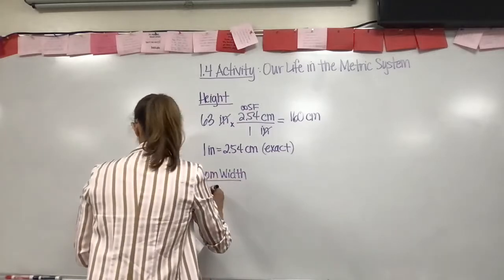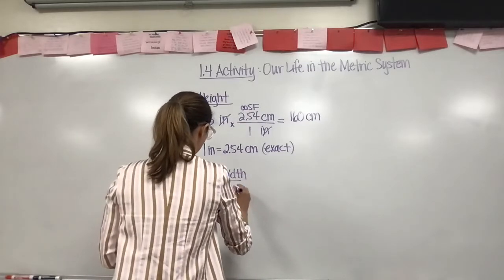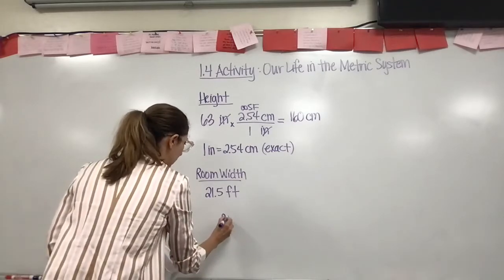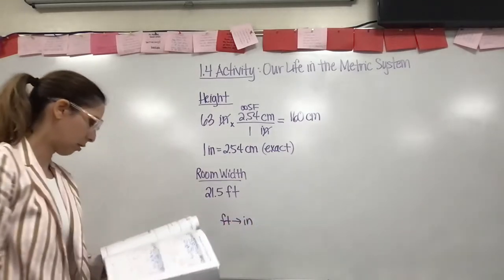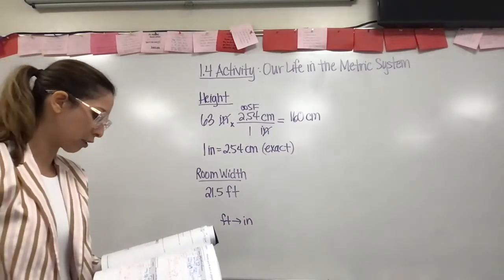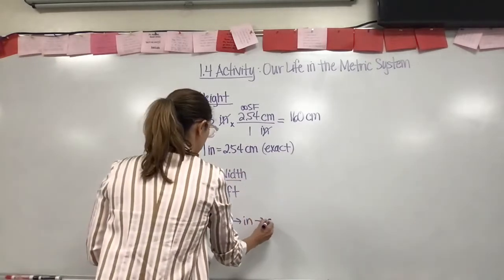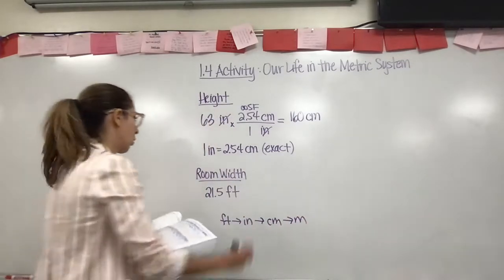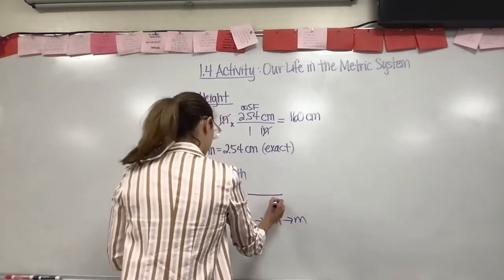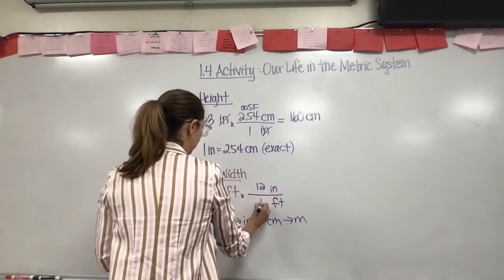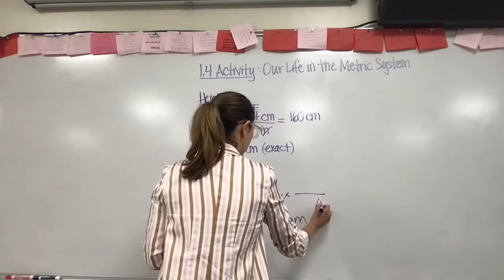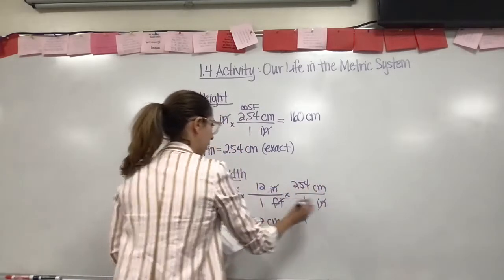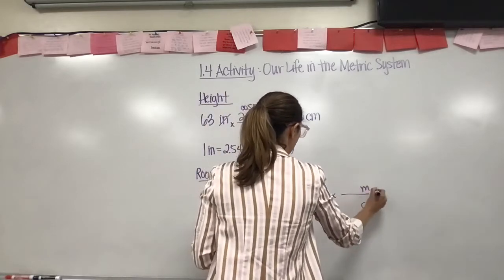So whatever your measurement is in feet, for instance, if it's 21.5 feet and we're going to convert that into meters, it would probably be a good idea to convert feet into inches, since 12 inches are in a foot, and then to use this conversion from inches to centimeters, and then convert from centimeters to meters using a one-step metric conversion.